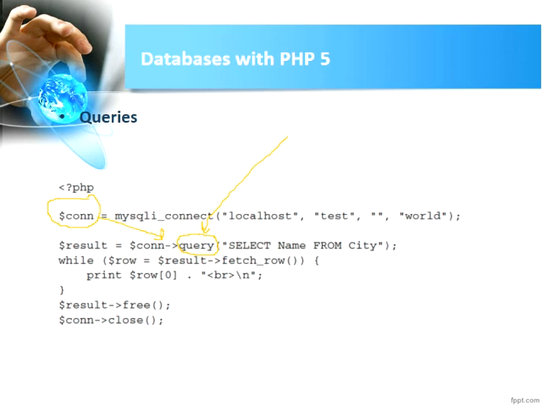And after that, we write select name from city. So what is select name from city? Yes, it is an SQL query. Yes, we want to select all the names from city.